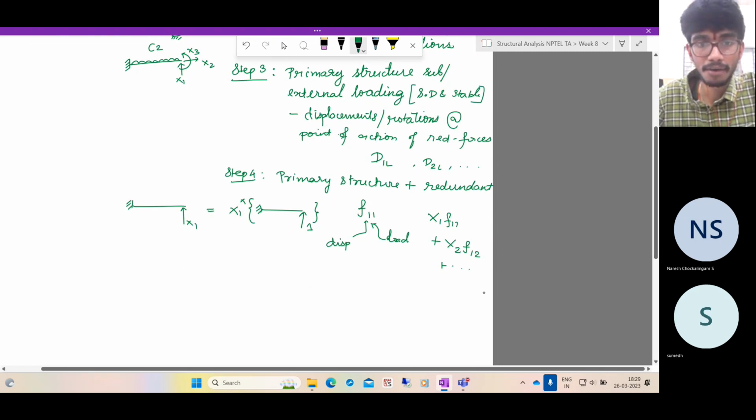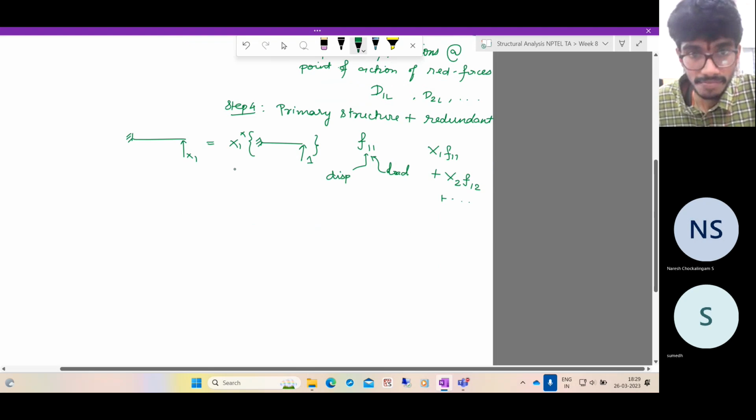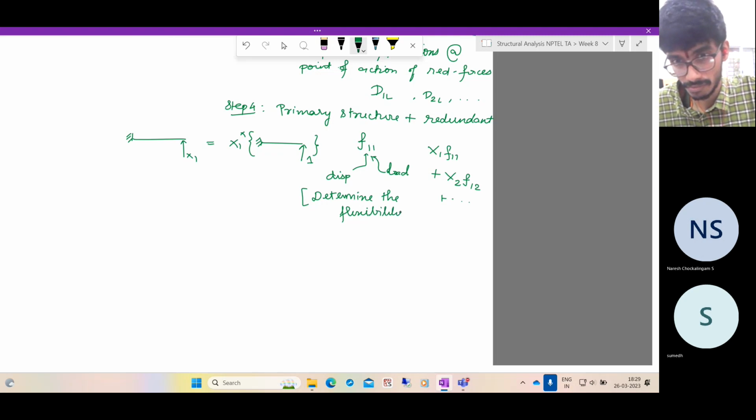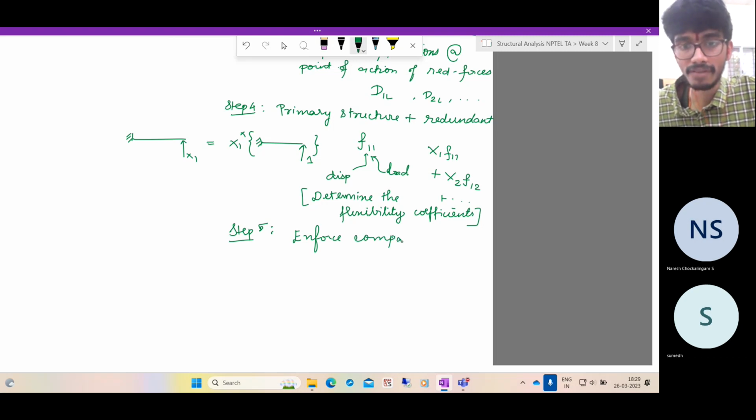Finally, our task is to determine the flexibility coefficients, and the final step is to enforce compatibility, which is the consistency of deformation. Enforce compatibility conditions.